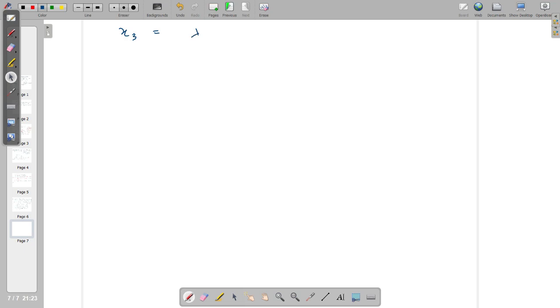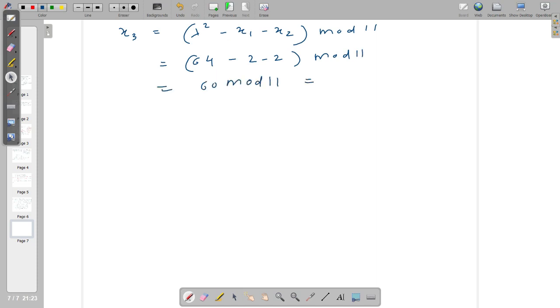x3 is equal to lambda square minus x1 minus x2 mod p, or we can write mod 11. So lambda is equal to 8, 64, x1 and x2 are 2, so minus 2 mod 11, and it comes out to be 60 mod 11, which is 5. Similarly, y3 is equal to lambda times (x1 minus x3) minus y1.